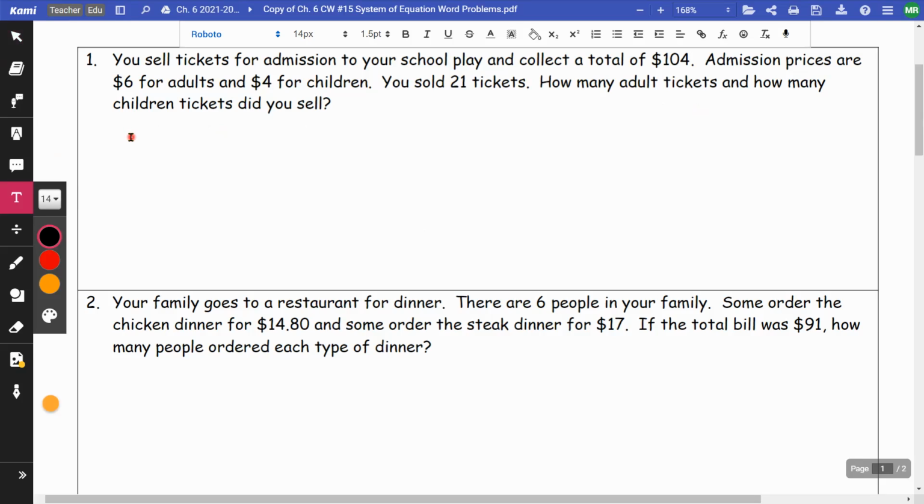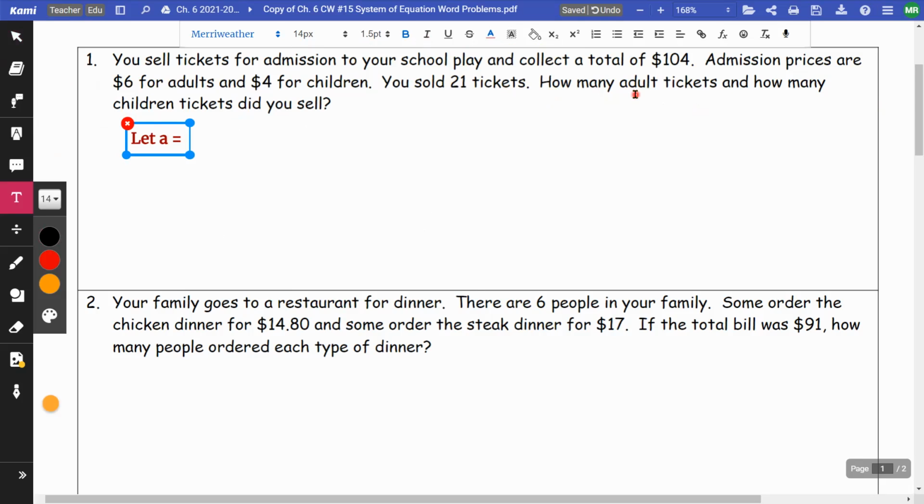So I'm going to define my variables. And I am going to let A equal, and this is kind of the key thing here. We want to make sure we're answering the proper question.